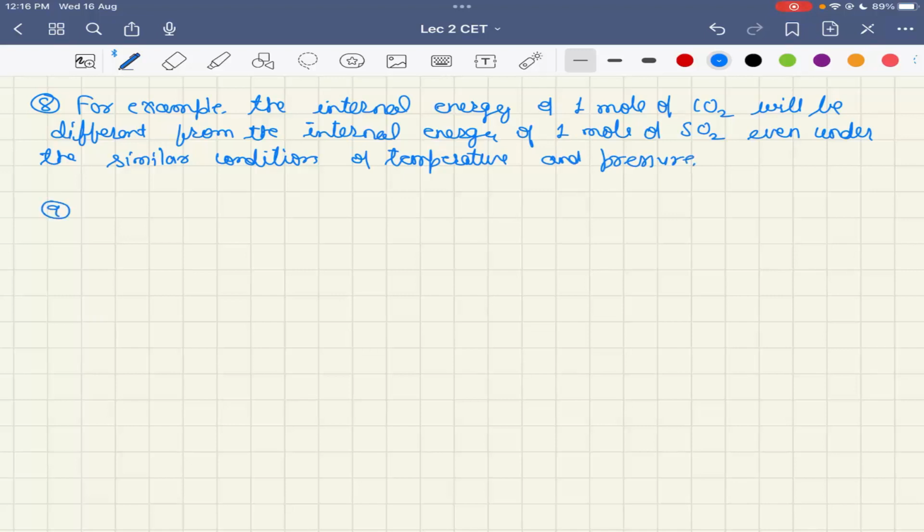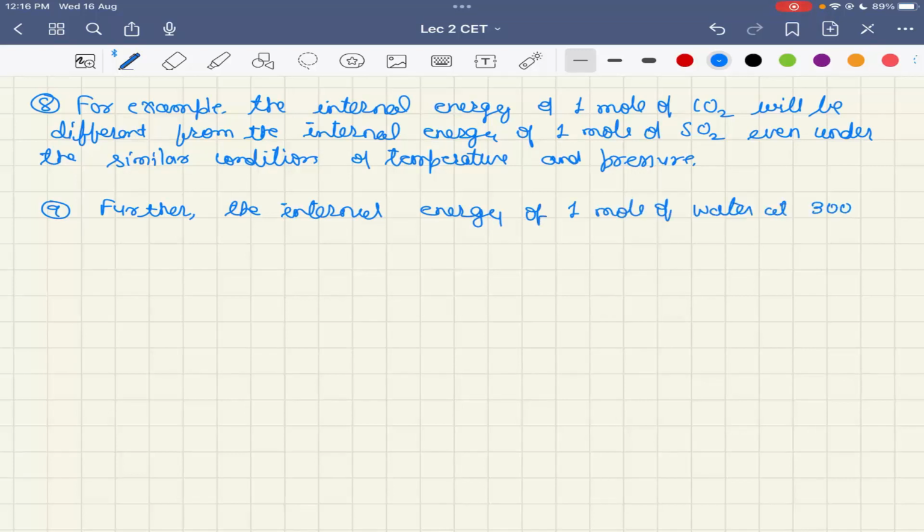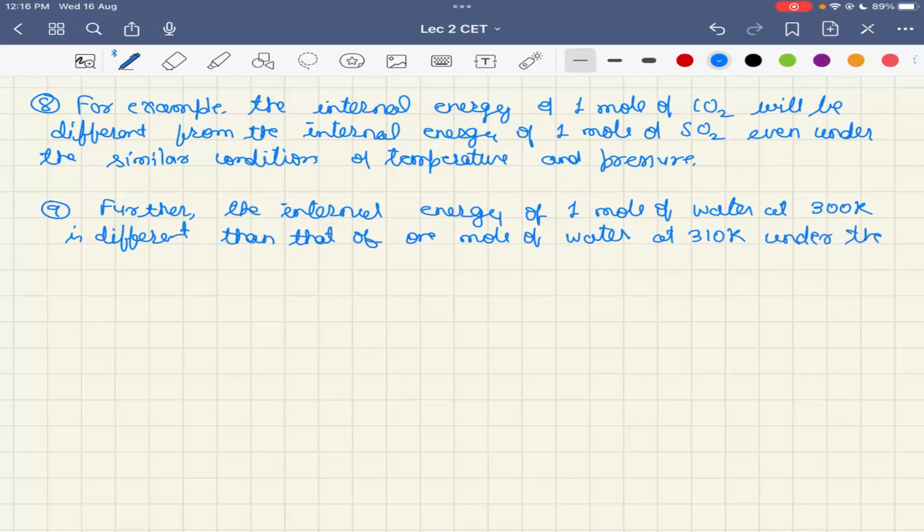Further, the internal energy of 1 mole of water at 300 Kelvin temperature is different than that of 1 mole of water at 310 Kelvin under the same atmospheric pressure.